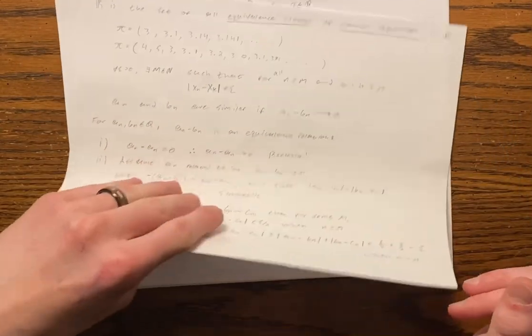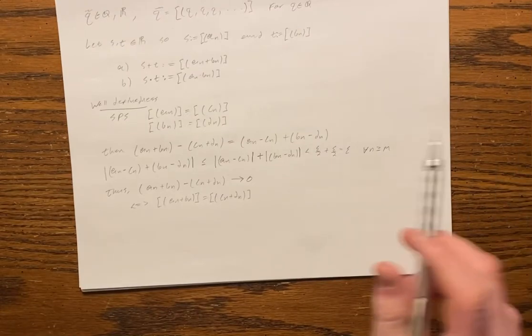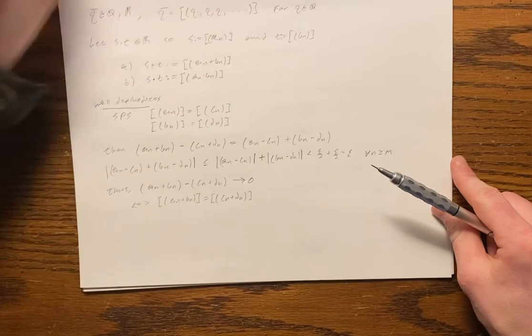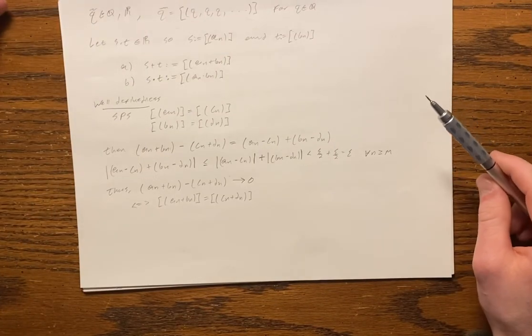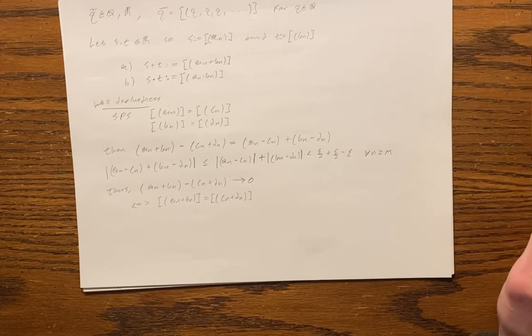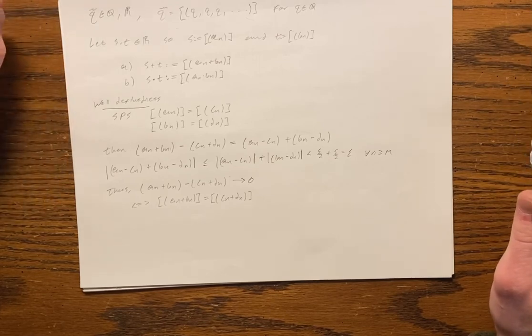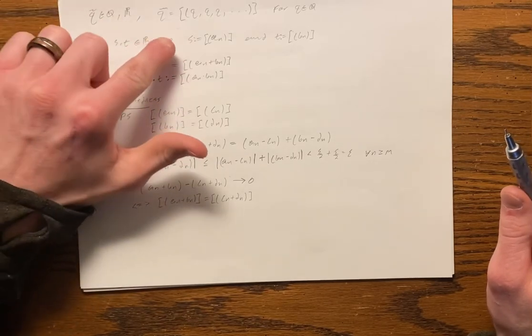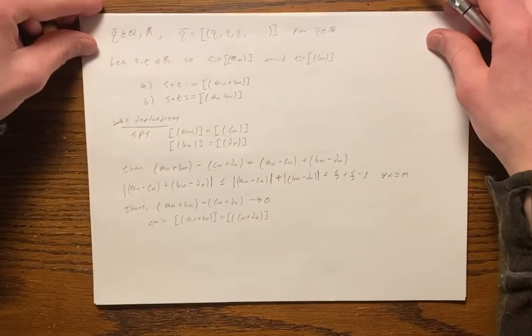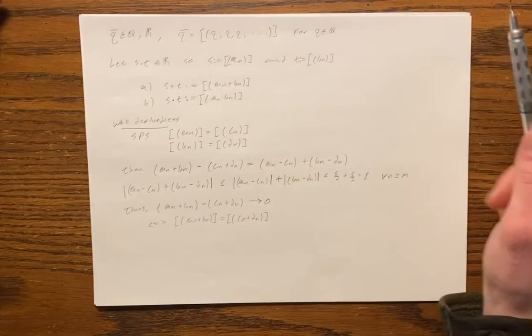So let's go ahead and move to the next page. I also wanted to show this because I find it fascinating, because you get to a place where it makes sense. If we take some q tilde in the rationals, then q tilde can just be represented as the constant sequence of rational numbers q.